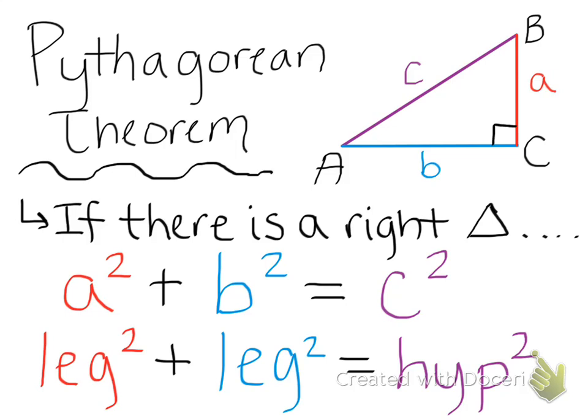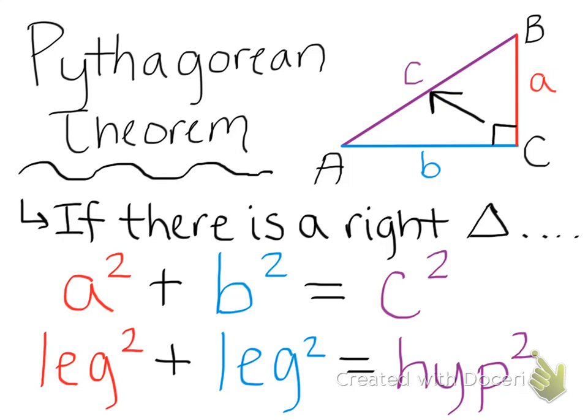If there is a right triangle, then we do a squared plus b squared is equal to c squared. Or the other way you could think about it is leg squared plus leg squared is equal to hypotenuse squared. And if you're wondering what the hypotenuse is, that is always going to be the side opposite of the right angle.